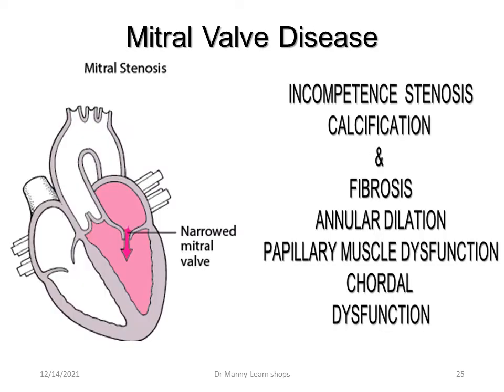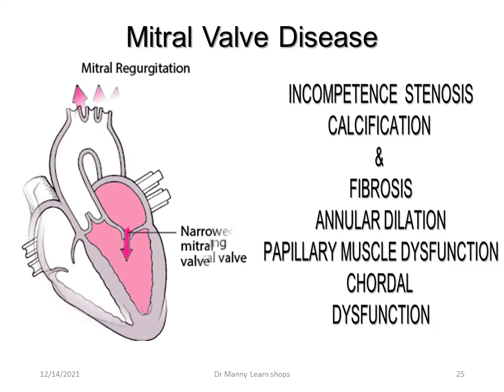With mitral valve disease, the image is showing you mitral stenosis. But you can have incompetence, regurgitation, as well. With either incompetence or stenosis, there will be calcification of the valve and eventually fibrosis with annular dilation. There will be papillary muscle dysfunction as well as chordae tendineae dysfunction.